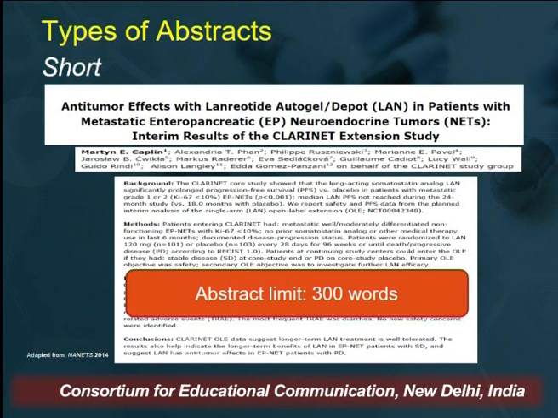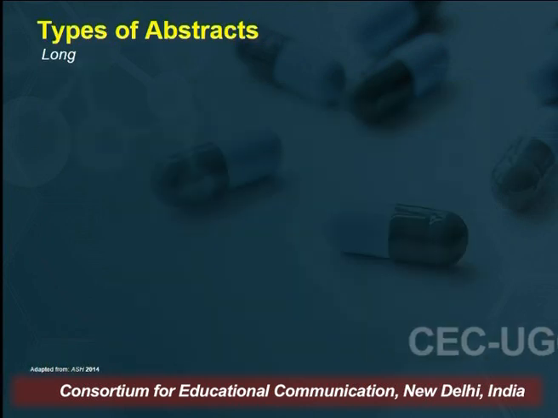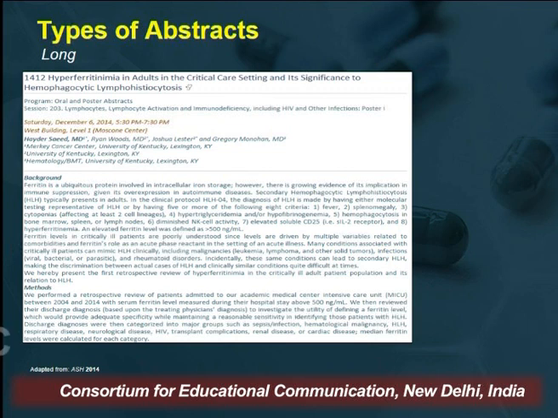There may be abstracts which are short because of the word count, or there may be long abstracts. This is an example of a short abstract of just 300 words. Here we have an example of a long abstract.